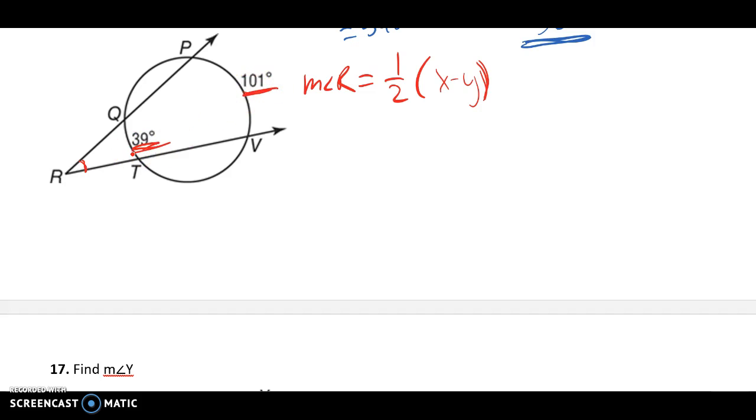Okay, and we know when we do the difference, we've got to do the big minus the small so that our answer is positive. Okay, if you did small minus big, you'd get a negative number, and you'd know that was wrong because this angle couldn't be negative, right? So plugging in these guys, measure of angle R will be equal to 1/2 times the difference, 101 minus 39.